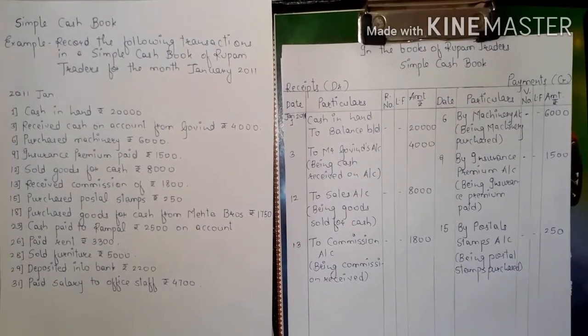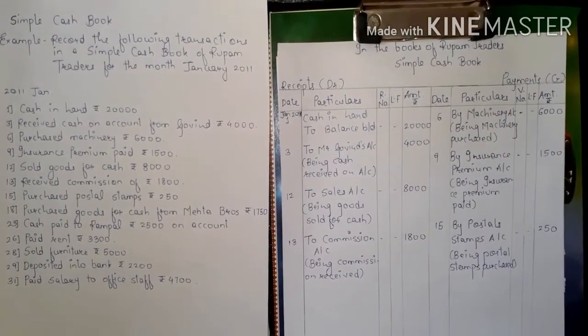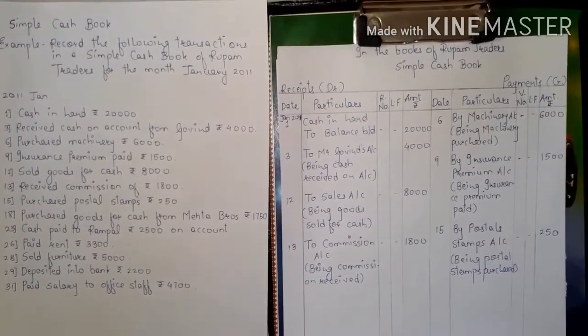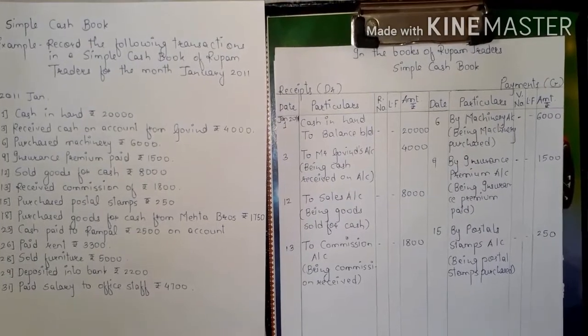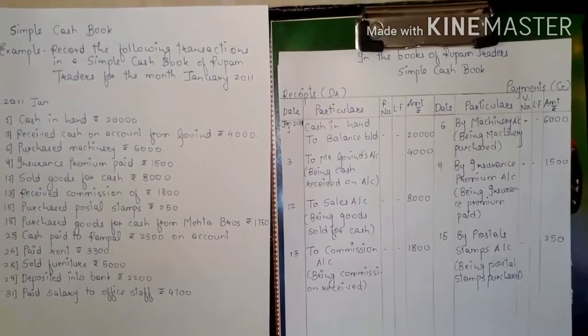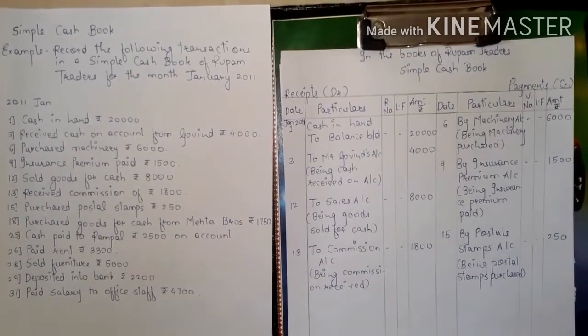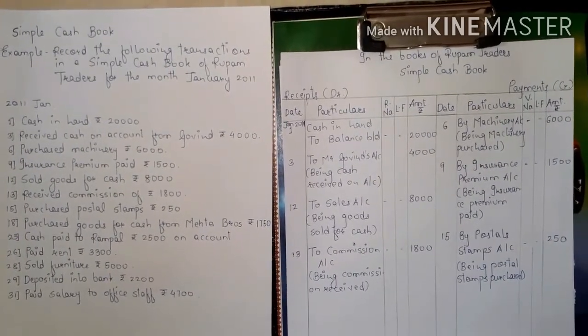Okay. Next, on 18th January, purchased goods for cash from Mehta Bros rupees 1,750. Again here we have purchased goods from Mehta Bros, so this is an expenditure for Rupam traders.